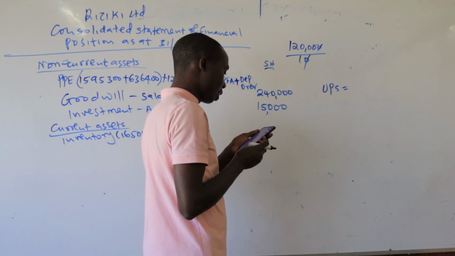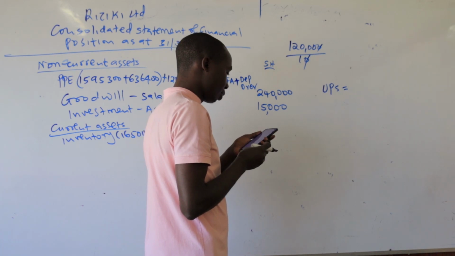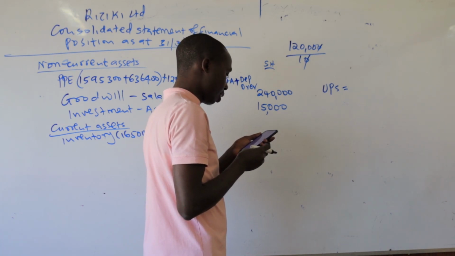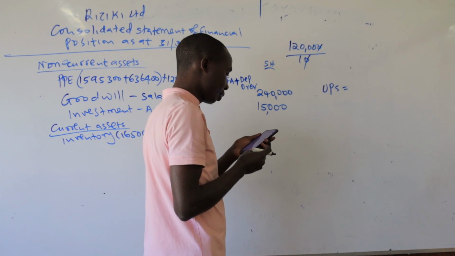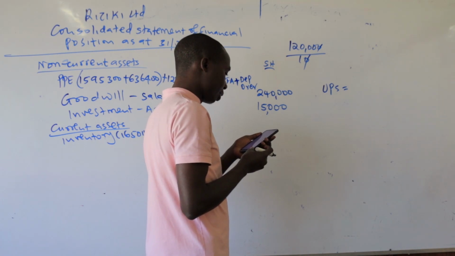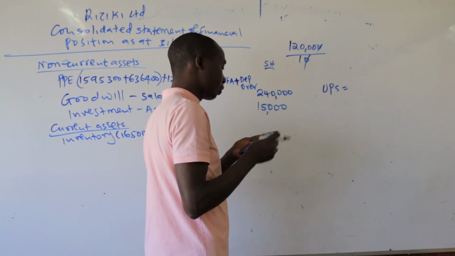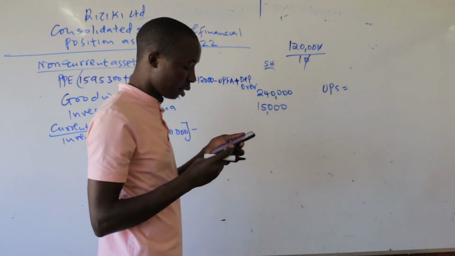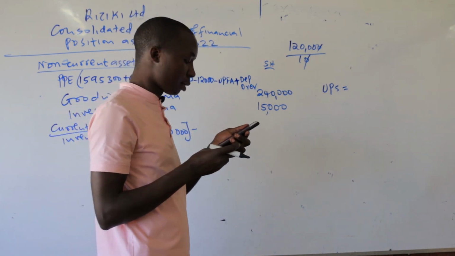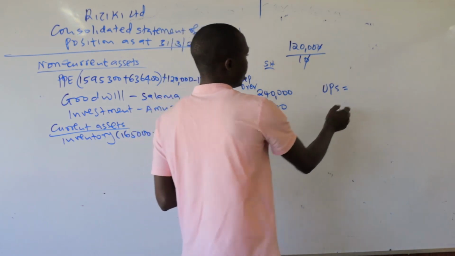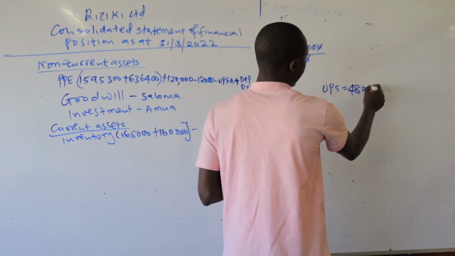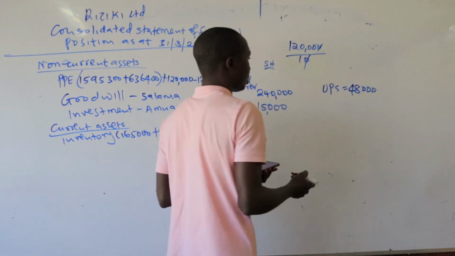Because they say during the year, Sarama sold goods to Risiki at 64, earning a gross profit of 25%. So Risiki still held 48, so it's 48 million worth of these goods. So 48 is the unsold goods. I explained on the same.